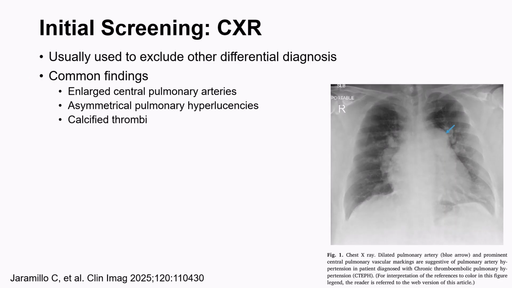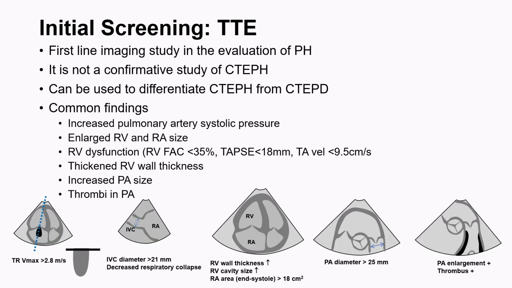Chest X-ray is usually used to exclude other differential diagnoses. As the previous lecture showed, the common findings are enlarged central pulmonary arteries, asymmetrical pulmonary hyperlucencies, and calcified thrombi. Echocardiography is the first line imaging study in the evaluation of PH.